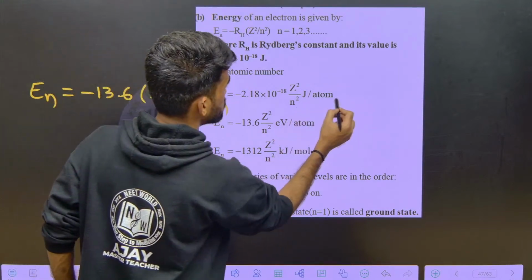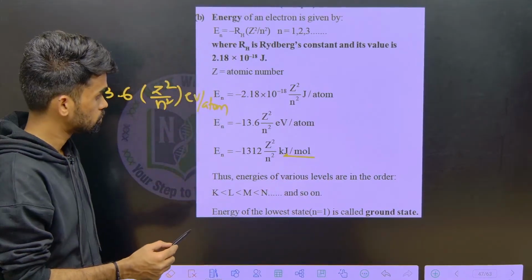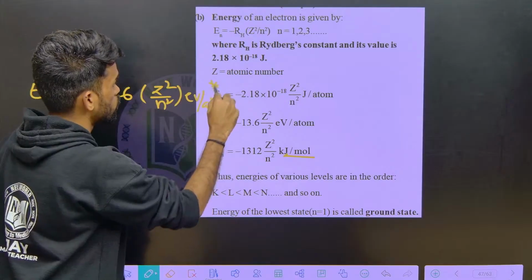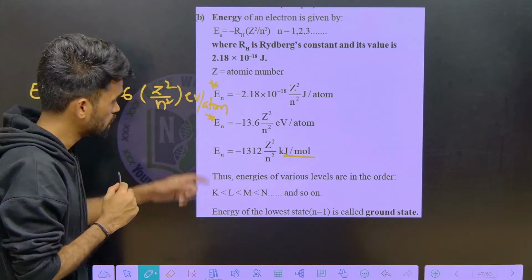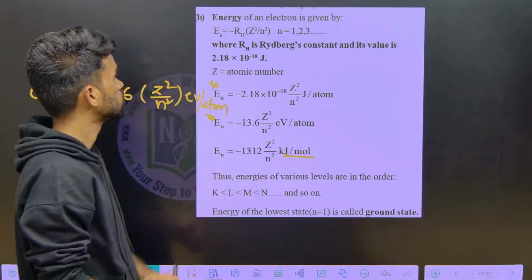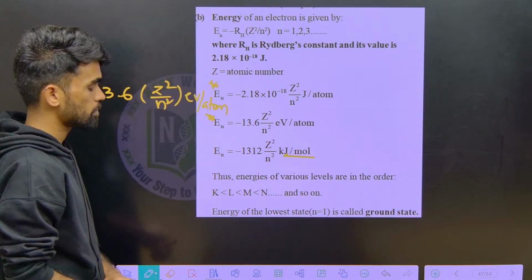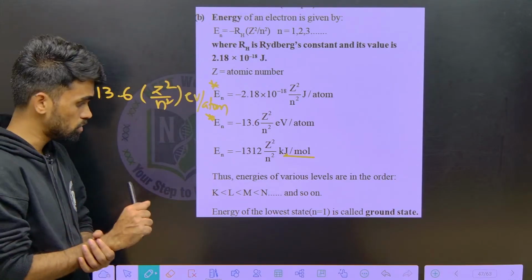Here it is joule per atom, and this is kilojoule per mole. These two are more important, you will see them more usually, but write all these three first. Okay, write a question based on this, we will solve.